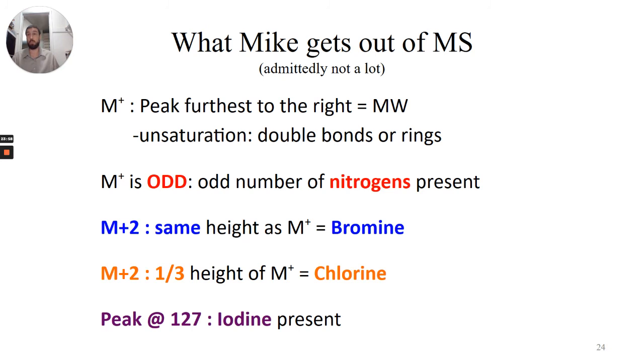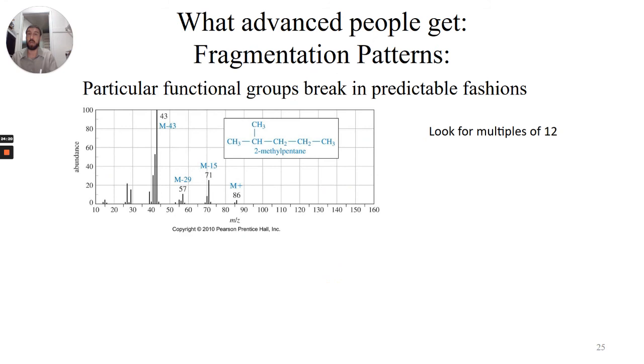Your M+ peak will be big because it has to have iodine and now all those carbons and whatever pieces go along with it, which means your mass spec shoots up as far as mass very, very high. So if you're seeing a large weight, that does suggest iodine is present. Okay? And that's kind of it. Those are the big things that you should get right away.